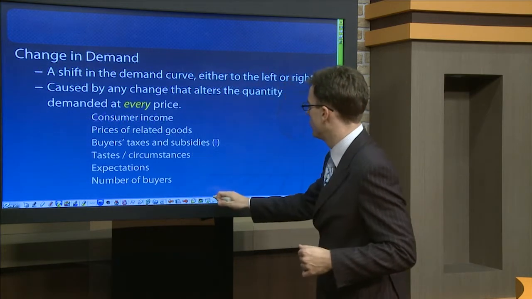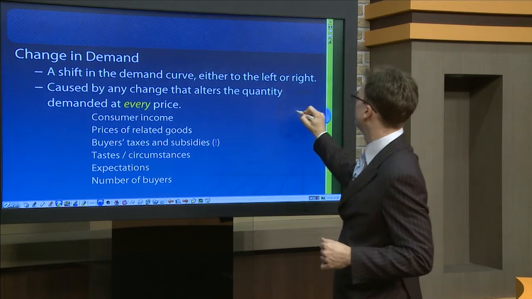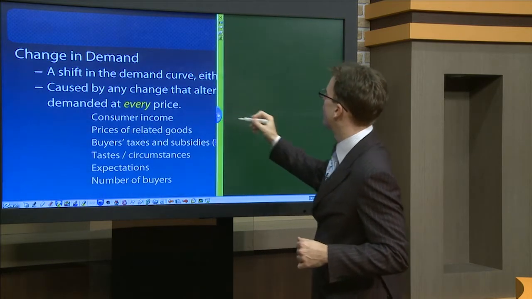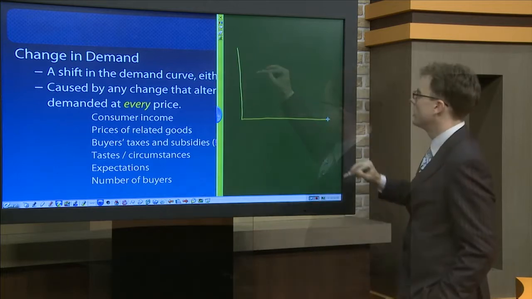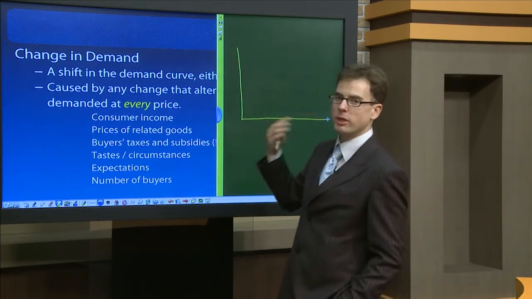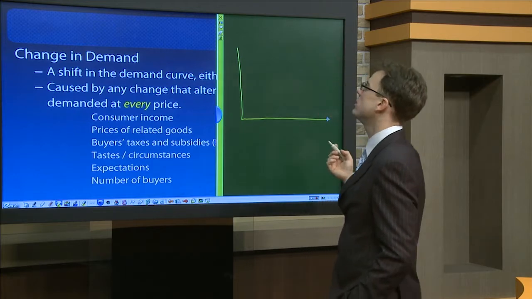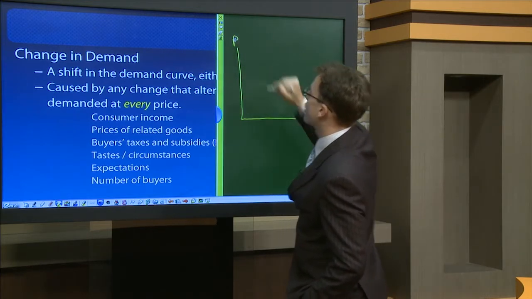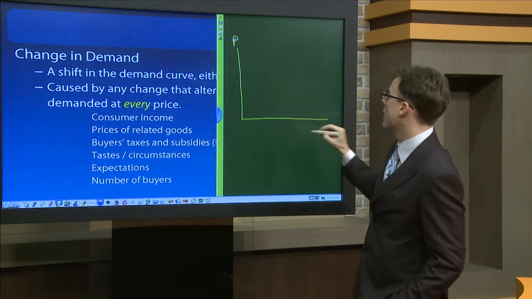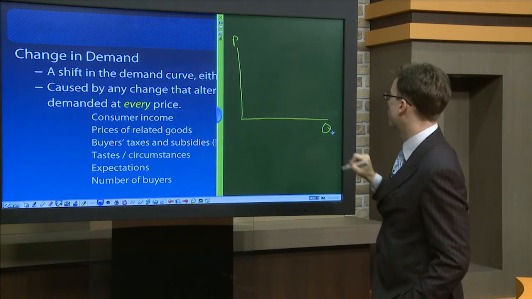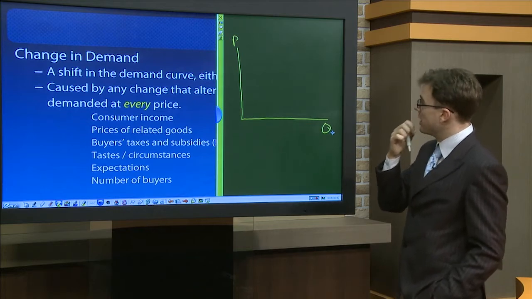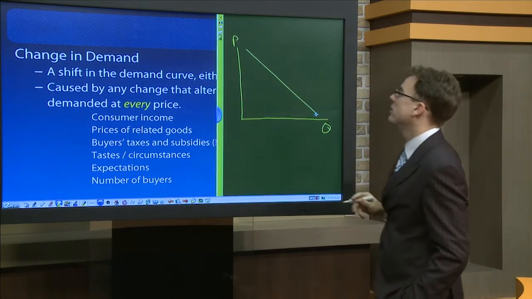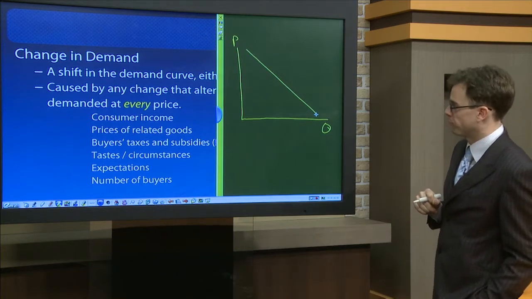Let me give you a simple illustration of a demand curve. Generally, economists draw the relationship between prices and quantities on this kind of graph. We put price on the vertical axis, quantity on the horizontal axis, and we could draw a demand curve as a downward sloping line on this graph.